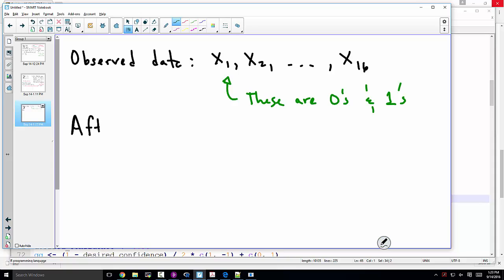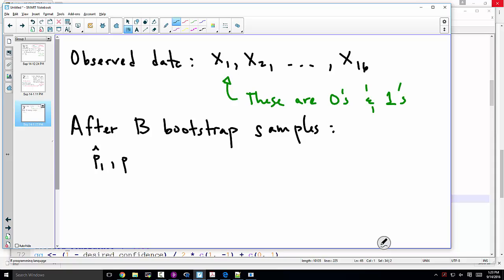Let's say after the Bootstrap, after B Bootstrap samples, we have a p-hat 1, a p-hat 2, and remember p-hat, let's call it p-hat 0, I guess. The original one that we saw was 9 out of 16. We'll call that the observed statistic value.